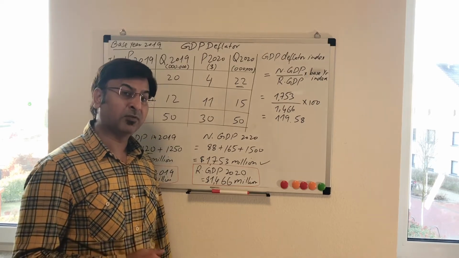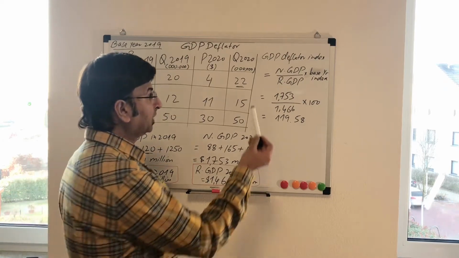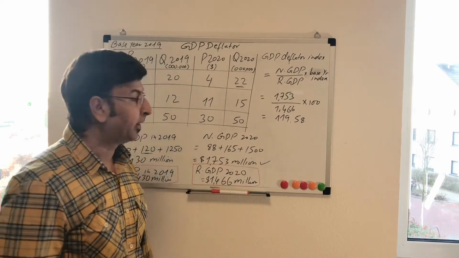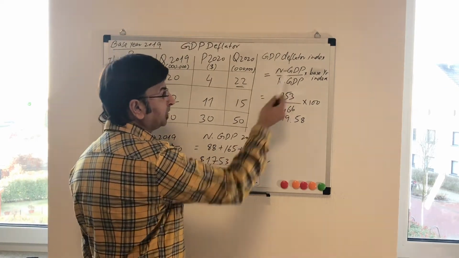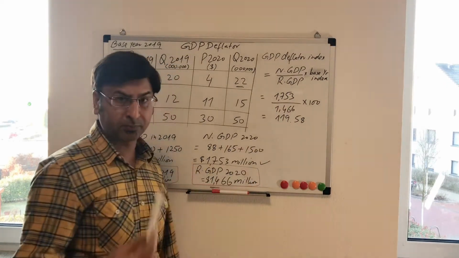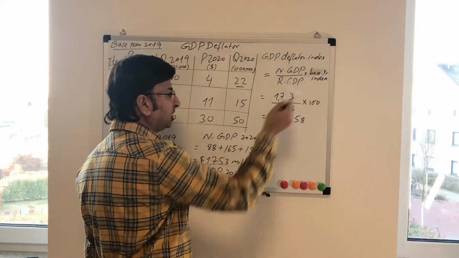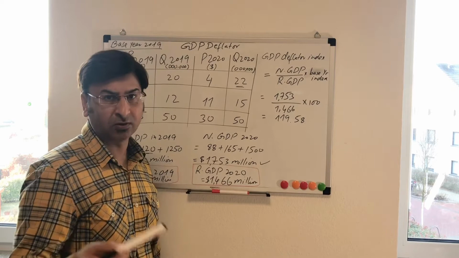The simple way to find the GDP deflator index is by using this formula on the board, which considers nominal GDP on the numerator and then real GDP of that particular year in the denominator, multiplied by base year index, which is always 100.